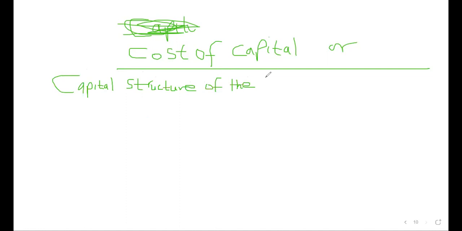Now, this one is also called long-term sources of raising funds, or you simply say long-term sources of raising finance.